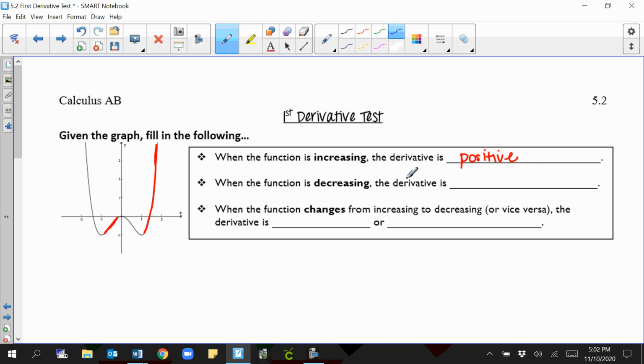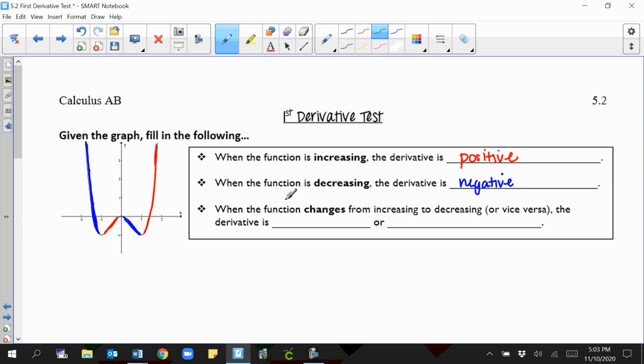Then when the function is decreasing, the derivative is negative. So same thing, when our function is decreasing, our slope is going to be negative, so our derivative is going to be negative. So it's decreasing there, and it's decreasing here.